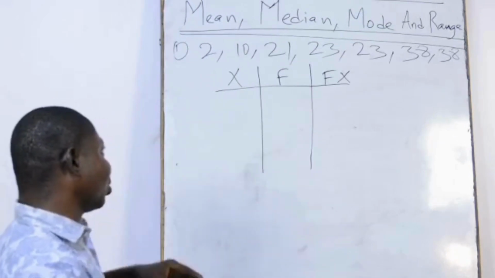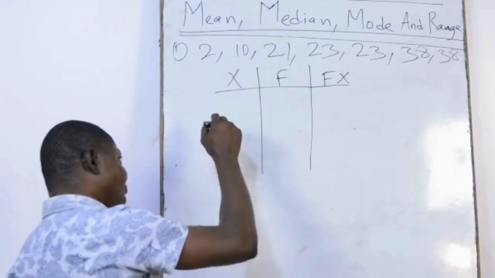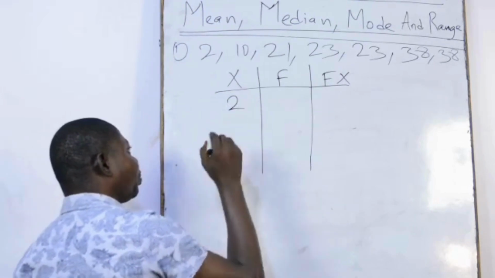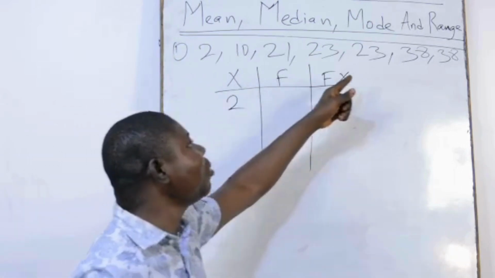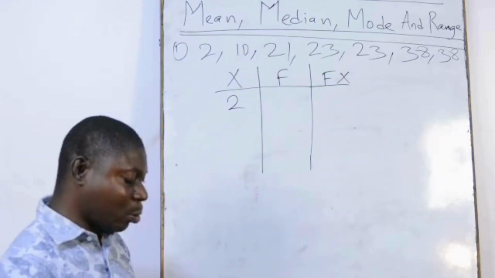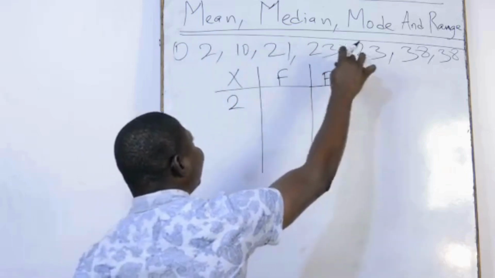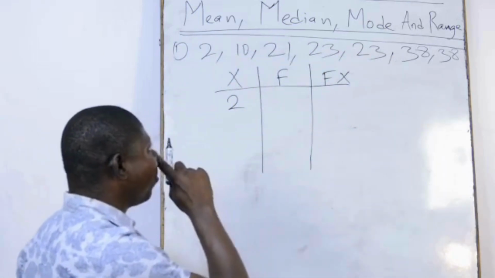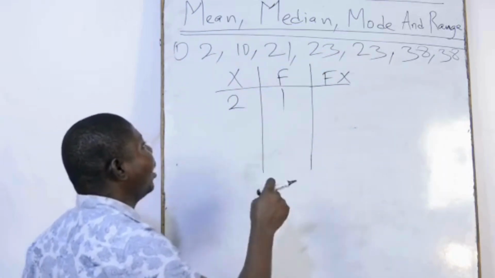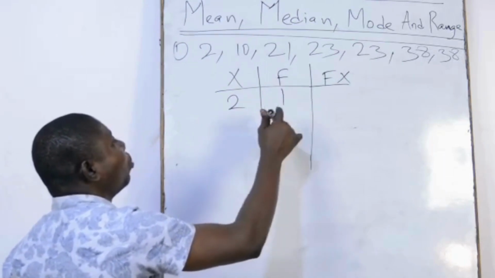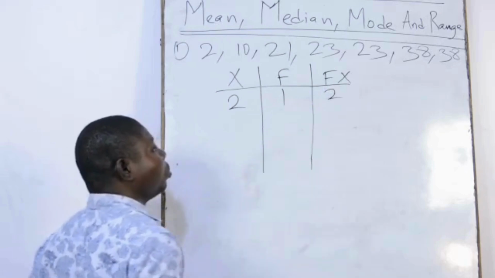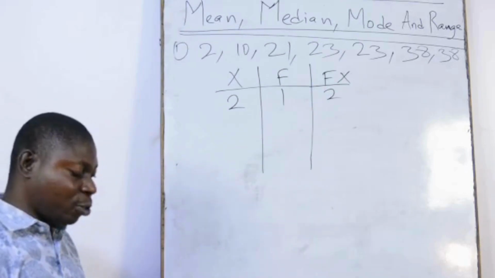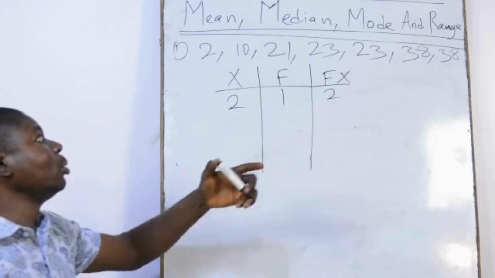Now, let's check. You will pick from the smallest. 2: how many times can we see 2 in this question? We have 1. Then 1 times 2, we have 2. You can see the way we form this now.